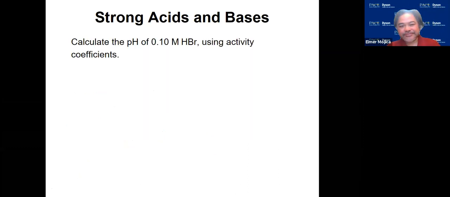How about this? Combining what we have learned from last week. Calculate the pH of a 0.1 molar HBr using activity coefficient. Okay? So what would be the ionic strength here?